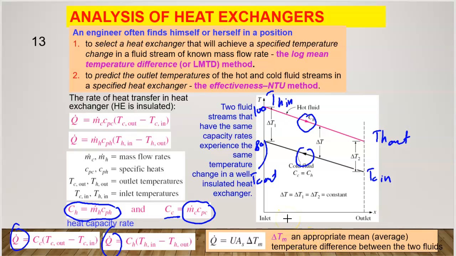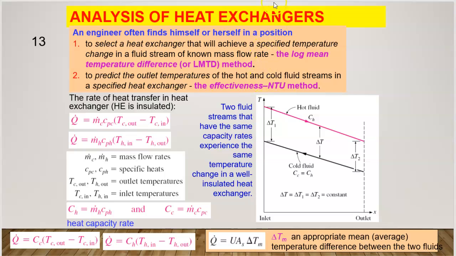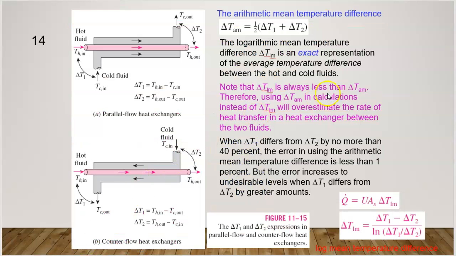Okay, let's see the detail of it. Okay, this is the arithmetic mean temperature difference. This is the T that you need to calculate. Okay, you just go directly to the formulas. This is delta T LMTD.